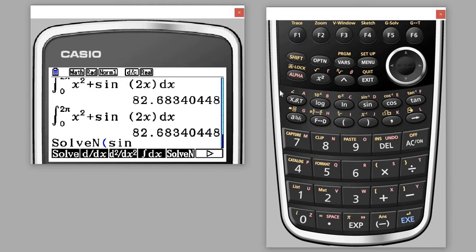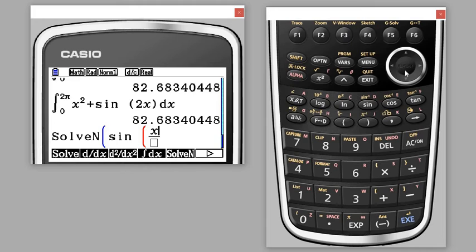I'm going to put my equation in first. So I'm going to go sine of x on 2, shift decimal point to get my equals, and I want to find out when it's equal to 0.5. Now for this to work, I need to put in the function that I'm trying to solve. I'm going to press the comma, and I'm going to tell it what variable I'm trying to solve for.